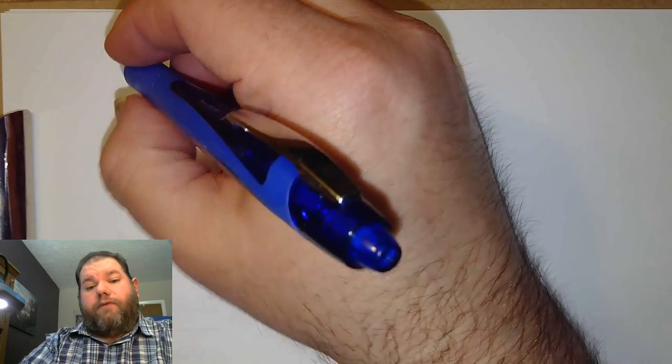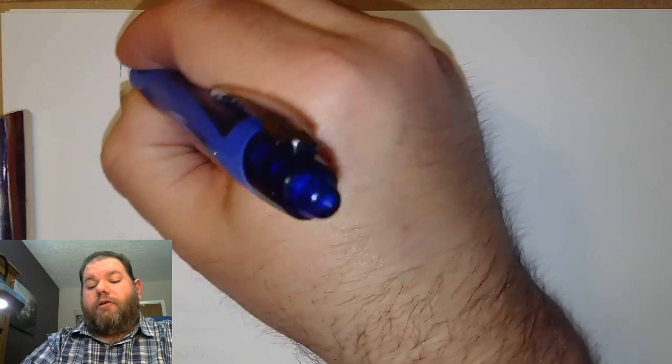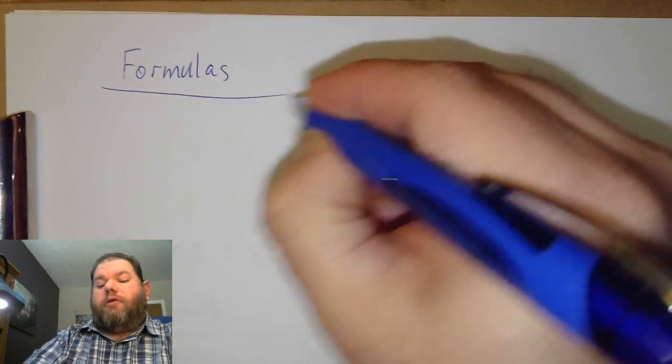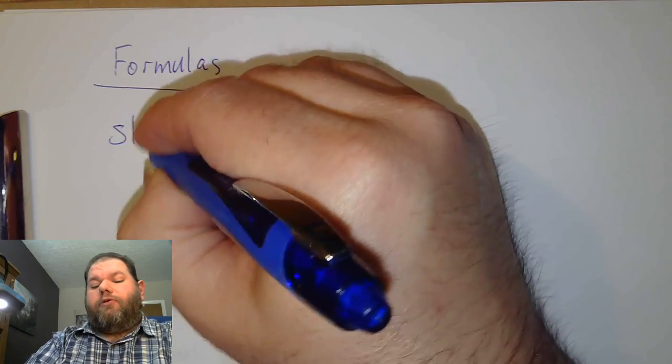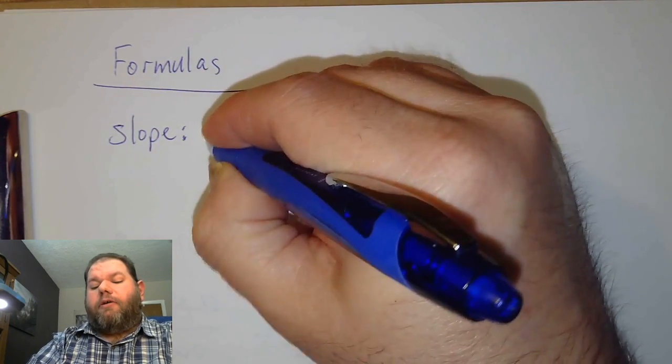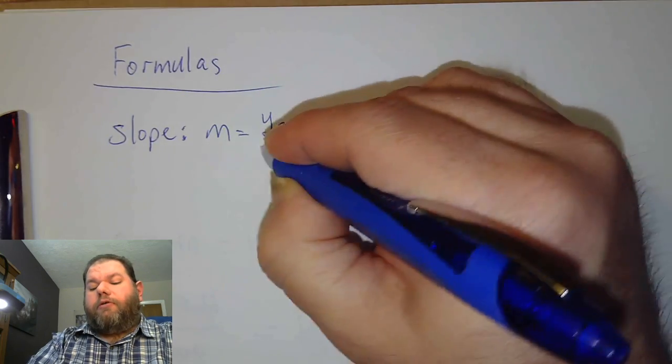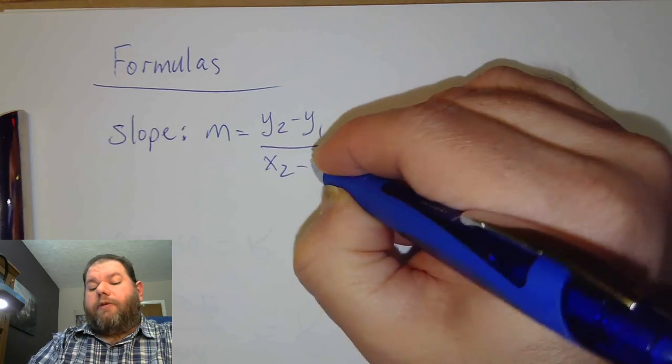Now we've looked at a few formulas so far. I just want to recap those. We have slope, which we said was m equals y2 minus y1 over x2 minus x1.